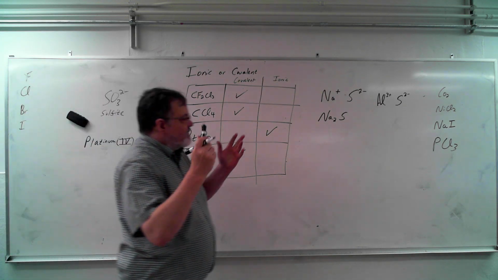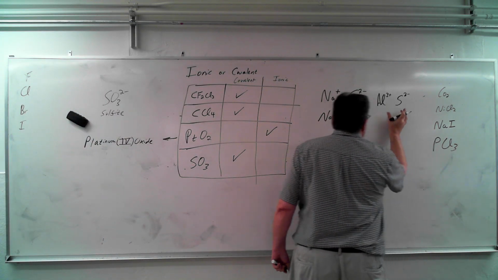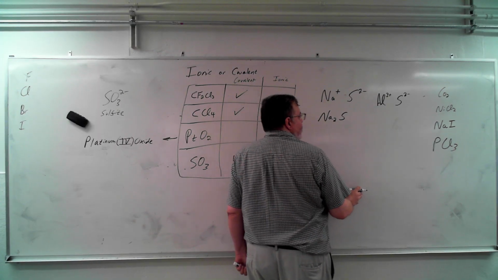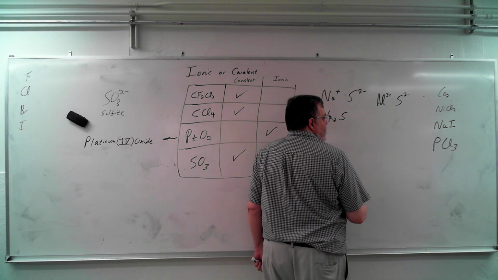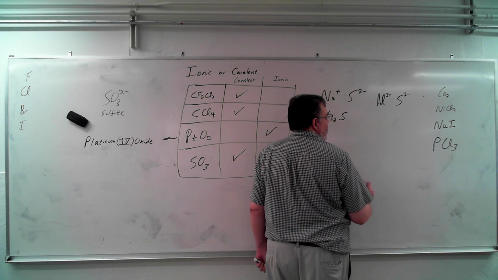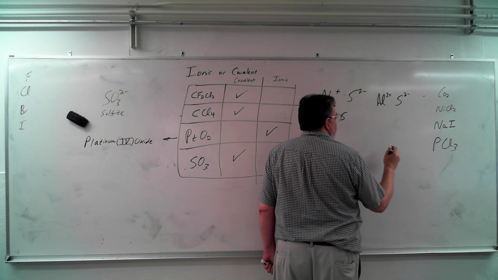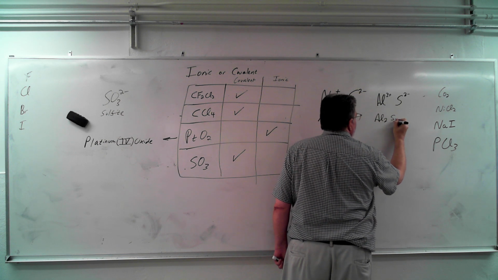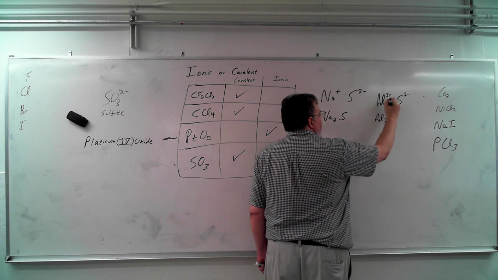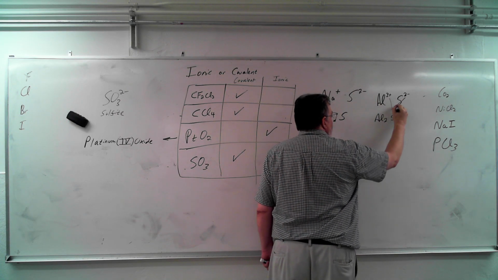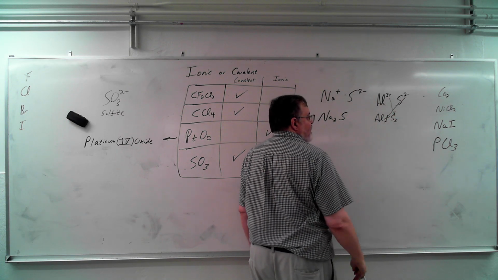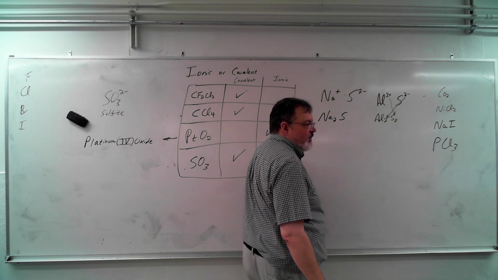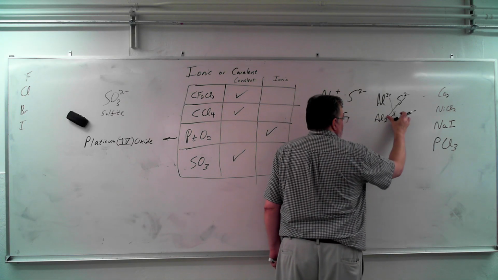You can have 3 plus and higher. So what's the formula? Al2S3, that's aluminum sulfide. But I consider that sort of a mnemonic that doesn't explain anything.